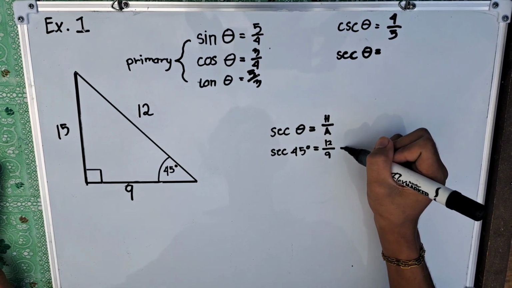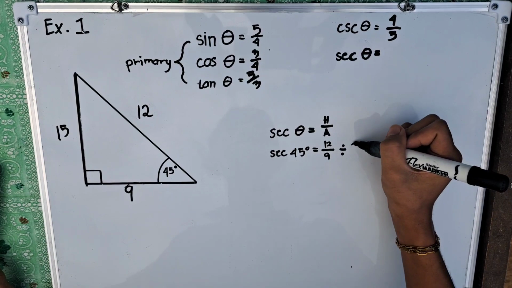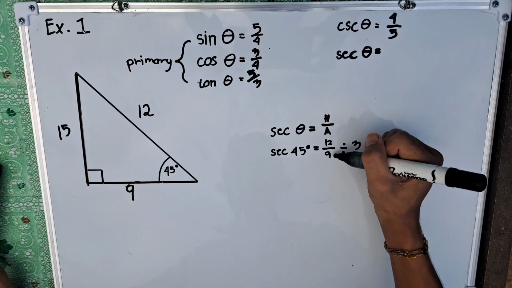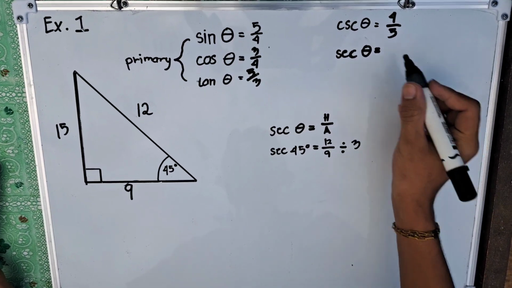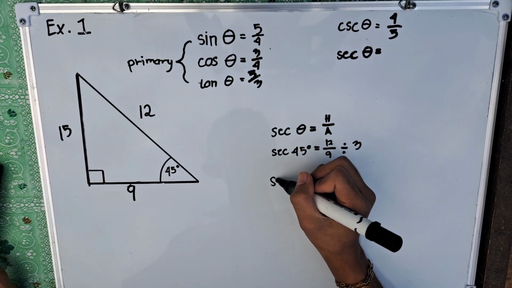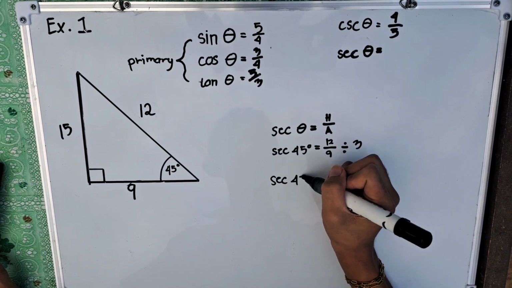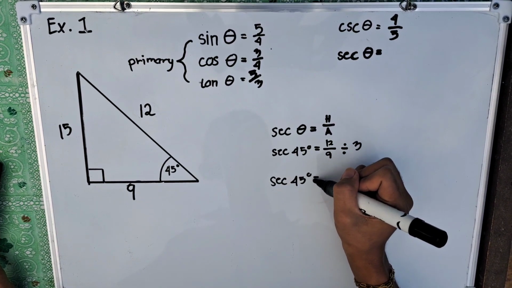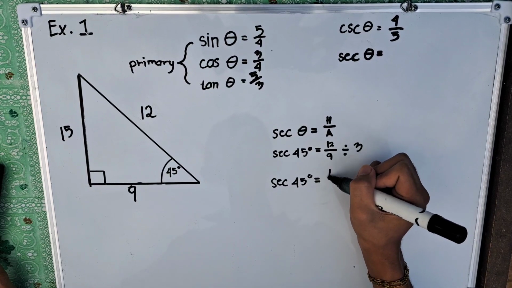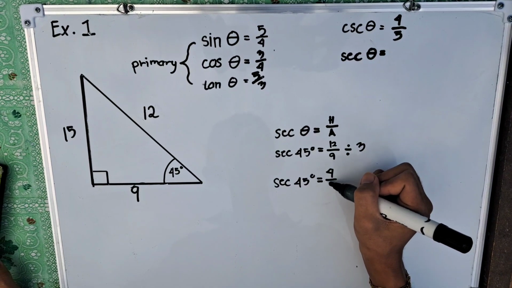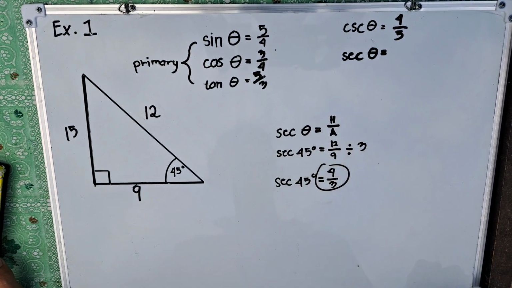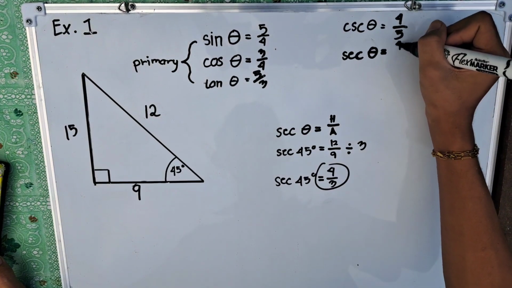We can reduce it to the lowest term because both are divisible by 3. So secant 45 degrees is equal to 4 over 3, and this is our secant, 4 over 3.